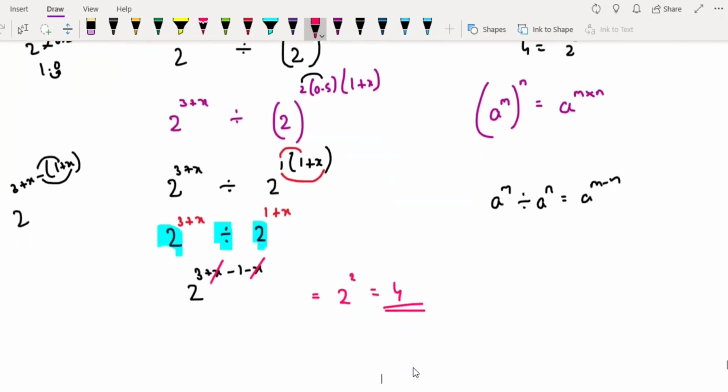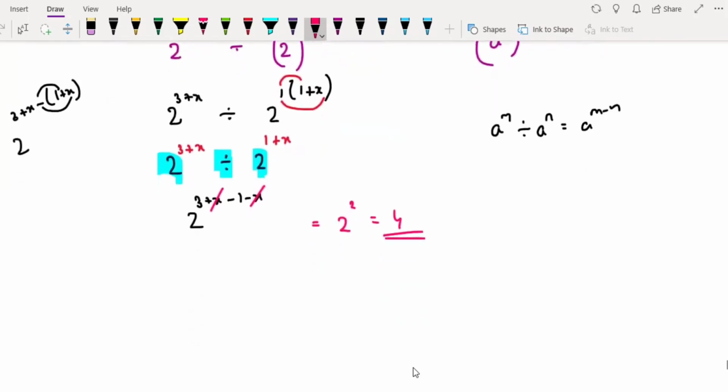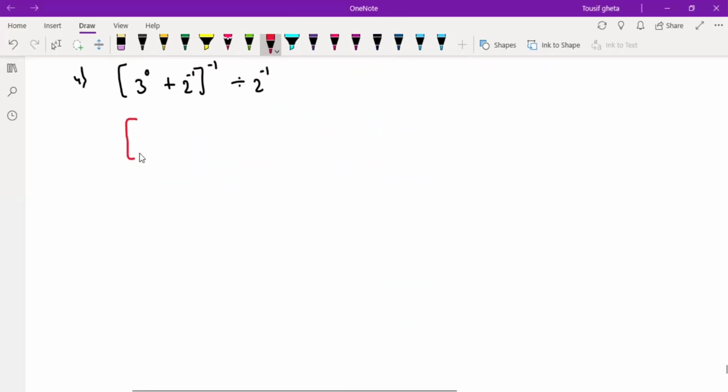Moving to the fourth question. Okay, as I said, any exponential value to the power of 0, the value is going to be 1. So for the first term, the value will be 1 plus. Now the second term, the power is negative. We came across one of the laws, that is a to the power of minus m. The law says it is 1 by a whole to the power of m.